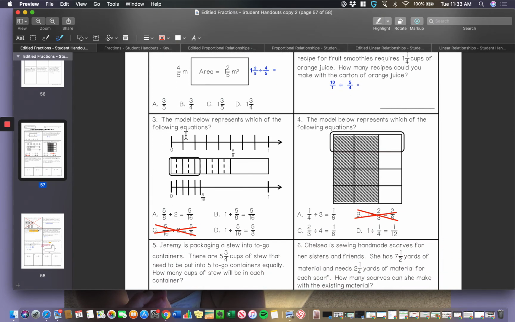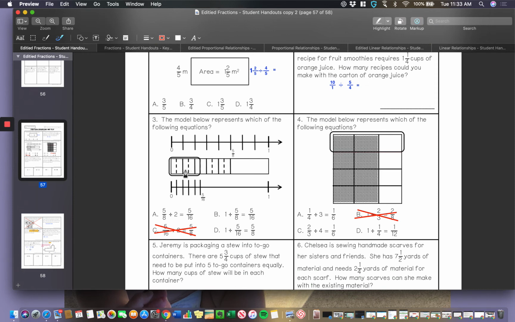Number 3, it says, one of my favorites, it's the models. So the model below represents which of the following equations? Well, if you remember from the top, a little bit confusing. My model looks very similar to this one, but what we have here is 5/8 being represented right there.